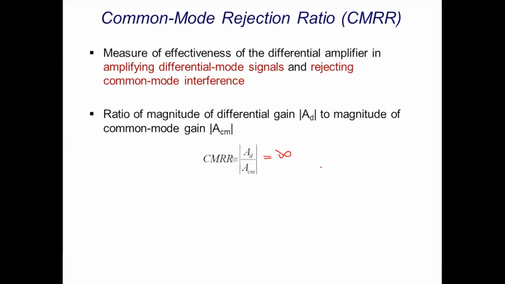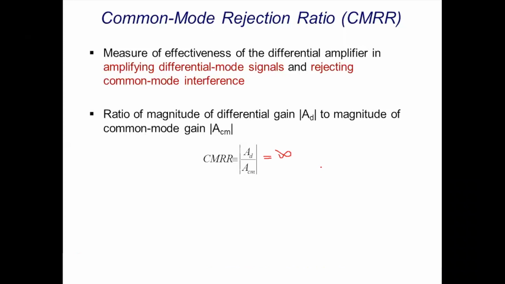This is because only when the differential amplifier is capable of rejecting a common mode signal will its common mode gain be equal to 0. So its common mode gain should be equal to 0, which implies that the differential amplifier completely rejects the noise signals. In that case, the ideal value of CMRR will be infinite.